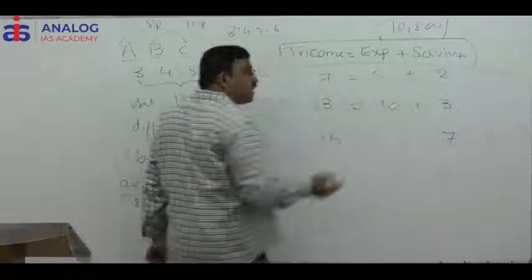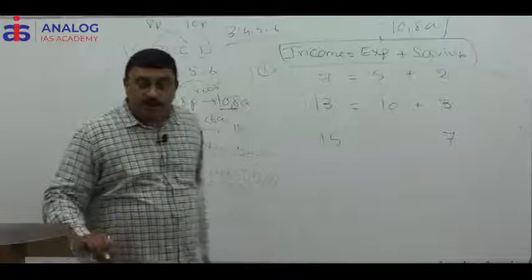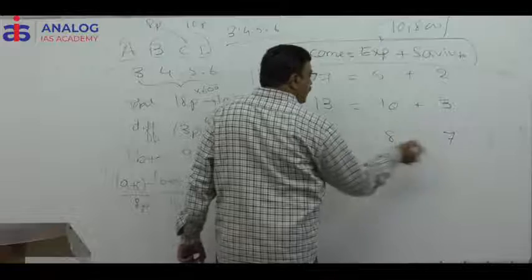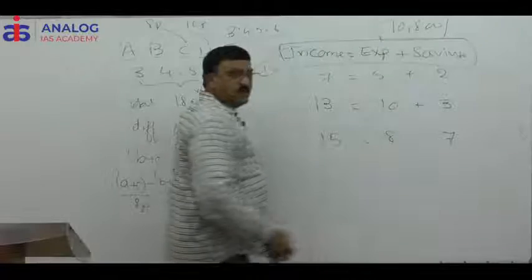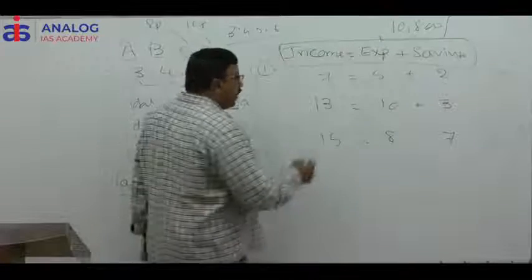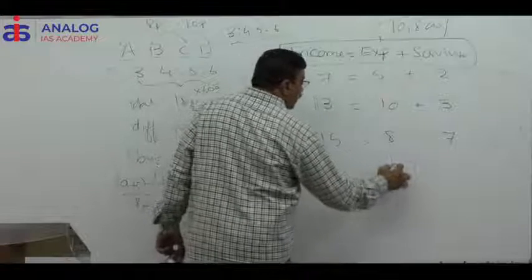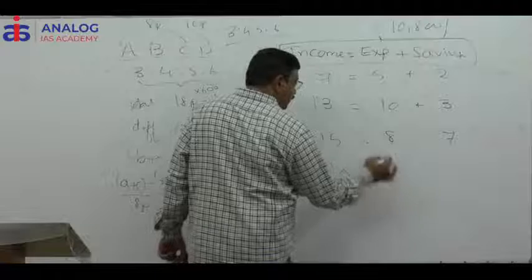What should the expenditure part be? 8. So the ratio will be 15:8:7. Now, if income is 10 and expenditure is 12, what about the savings?